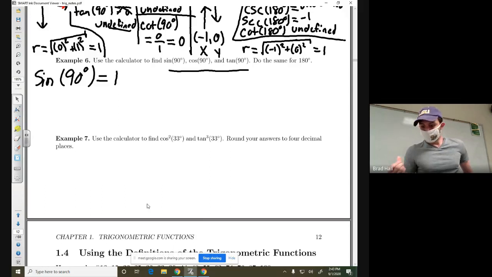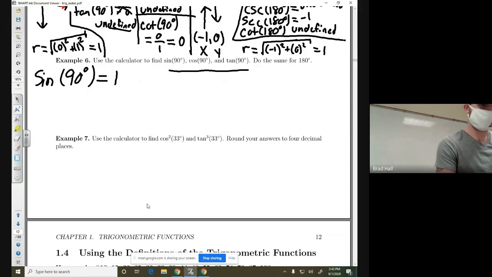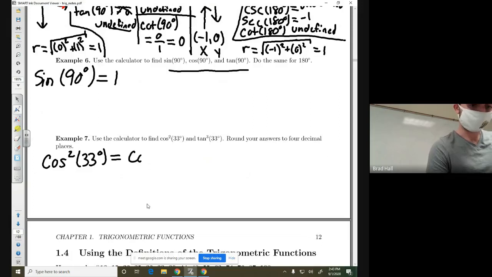Example 7 says use the calculator to find cosine squared of 33 degrees and tangent cubed of 33 degrees. Really, example 7 is just a way of determining how to interpret that notation. So this simply says cosine squared of 33 degrees is the same thing as cosine of 33 degrees, all of that squared.